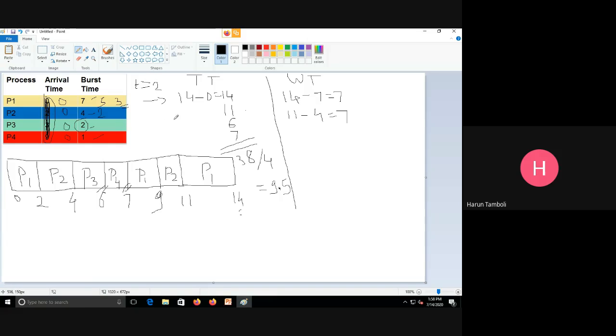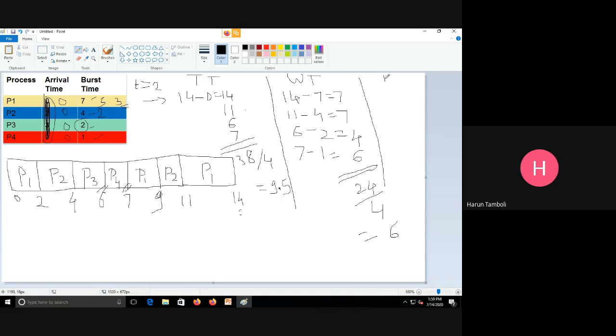For P3, turnaround time 6 minus burst time 2, so waiting time is 4. And for P4, turnaround time 7 minus burst time 1, so it is 6. So total waiting time is 24. Divided by 4, you get 6 as the average waiting time.